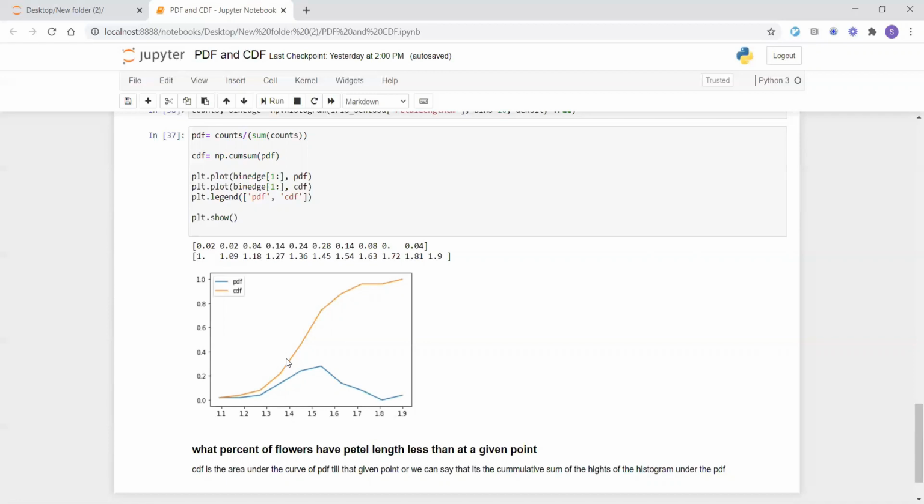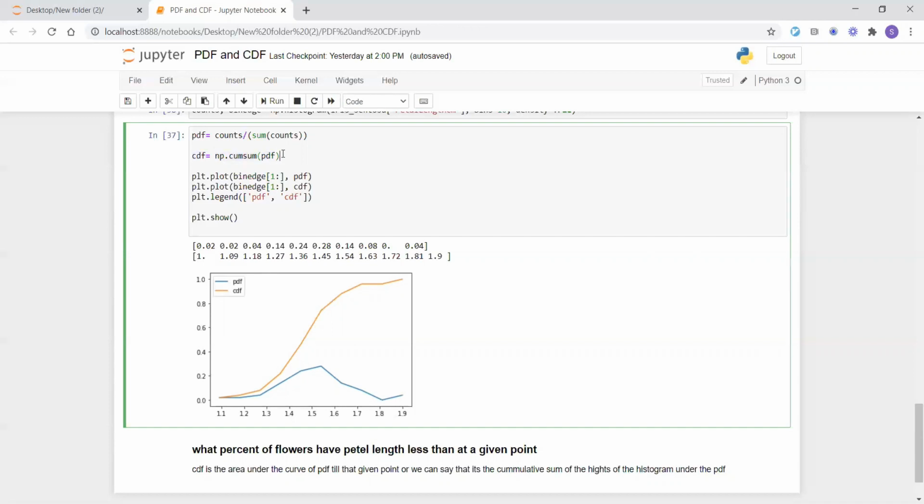To calculate CDF, here we have written a one-liner code that is nothing but a cumulative sum of PDF. In terms of statistics, if we want to calculate a CDF, we have to calculate the area under the PDF, right? If we want to see the CDF till 1.6, then we have to calculate the area under the curve of the PDF till 1.6.